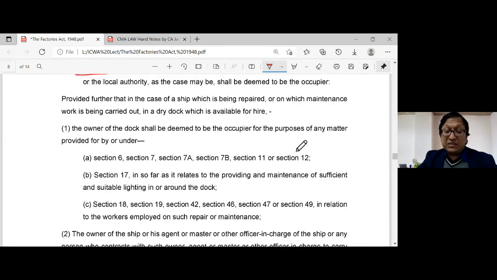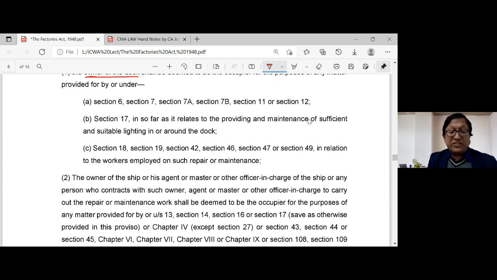Then we have this concept in case of ships which are in the dock for repair or maintenance. For that, they have given some special definition. For some things, we will treat the owner of the dock as the occupier, and for some activity they treat the owner of the ship or his agent as the occupier.